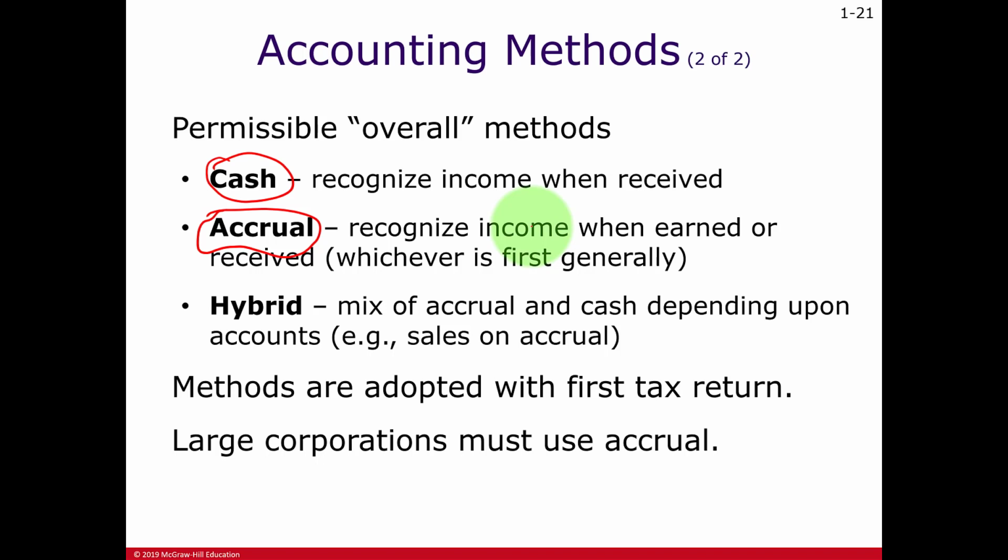Most businesses that do use the accrual method don't use a pure accrual method. It may be a combination of accrual and cash, or sometimes they call that a hybrid method. An example would be a merchandising company that buys and sells inventory. Tax rules may require that the buying and selling of inventory be treated under the accrual method, but it is possible for anything else in the business to use the cash method.